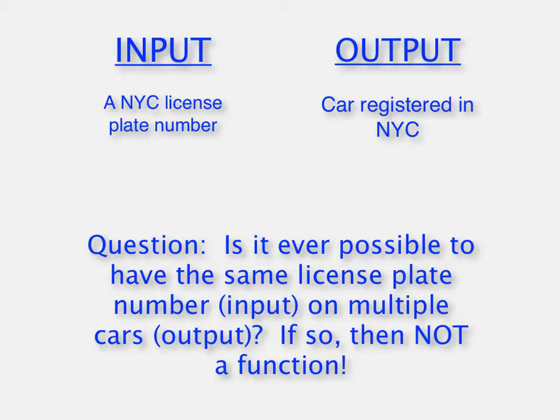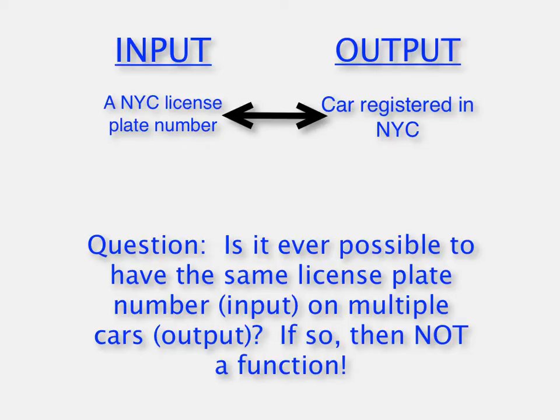Every single license plate number goes with exactly one car. So every input has exactly one output. This is a function as well. So we see in this case, in both directions, we had a function, because every car has exactly one license plate, and every license plate has exactly one car. It's kind of a one-to-one relationship, if you will.